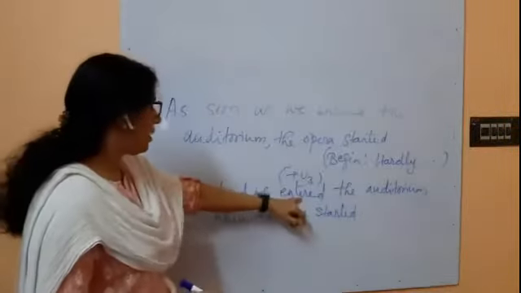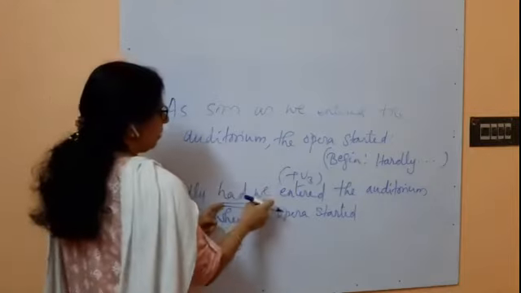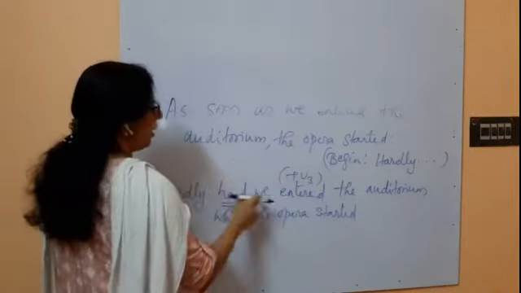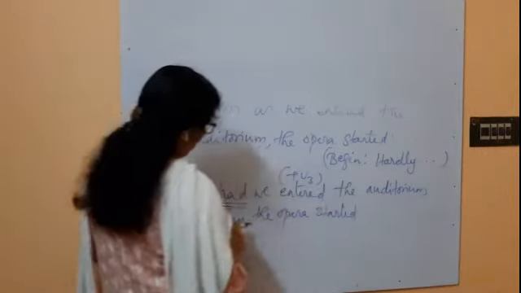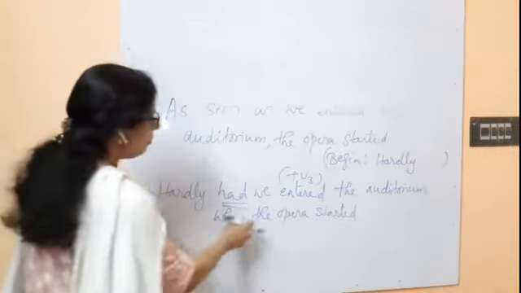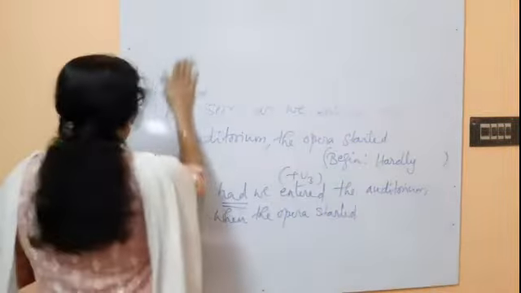Hardly had we entered, not hardly we had entered. It should be first the helping verb, then the subject, then the main verb. Hardly had we entered the auditorium when. Instead of when, if you want, you can use before also. Before the opera started. So this is how we will combine with hardly.